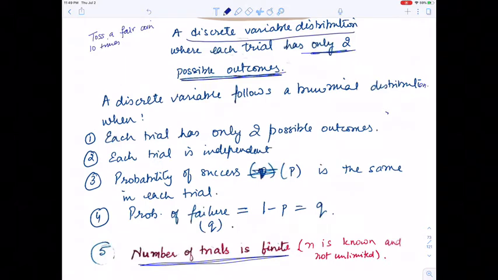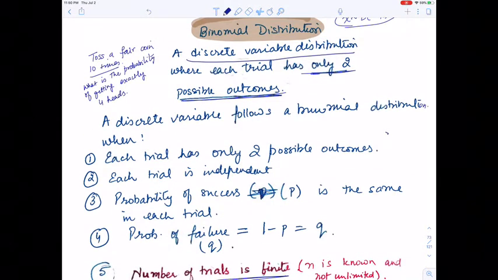So we are tossing it a finite number of times, so the number of trials is finite, and it's a fair coin, and we want to know the probability of getting exactly 4 heads. A fair coin is tossed 10 times. How many heads can we get? That would be our variable x, right?